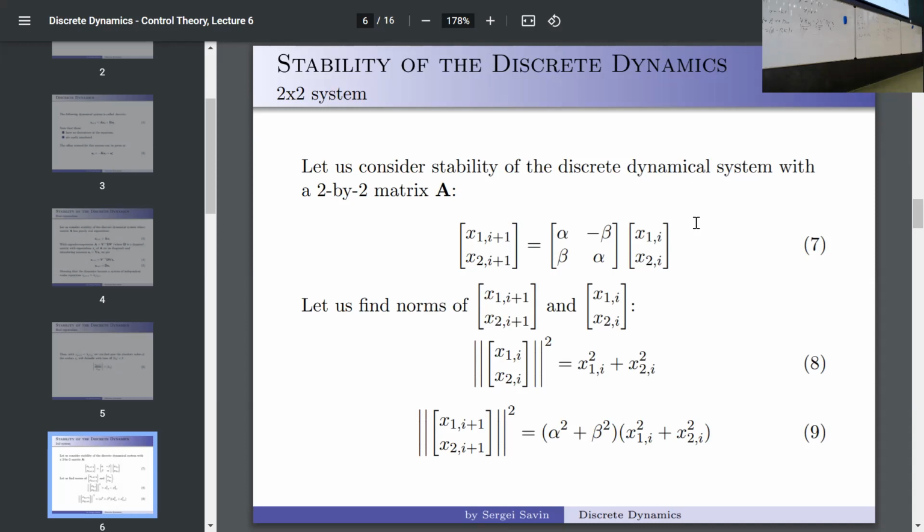The norm of the first vector is just the square of the first component plus the square of the second component. I find the square of the norm, not the norm itself, to avoid square roots, but that is of no consequence. The norm of the second vector, x sub i plus 1, is what I wrote there, alpha squared plus beta squared times that.